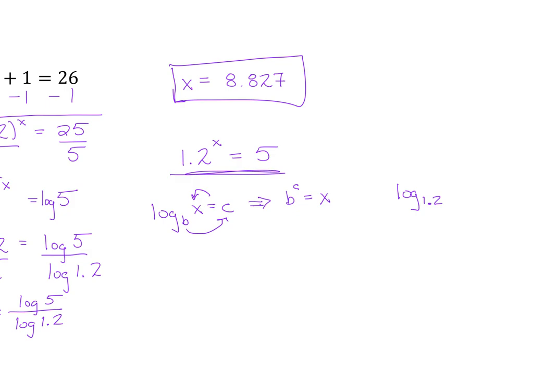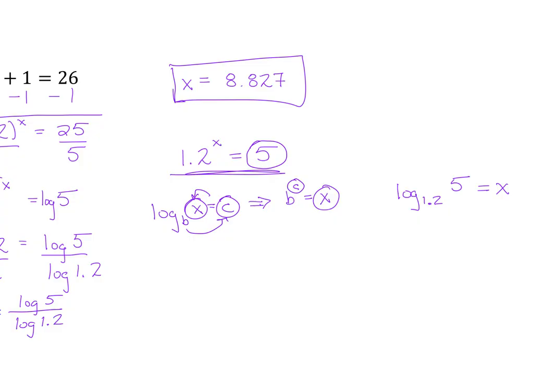We have this number on the other side, the 5, which is going to become the number inside our logarithm, and the exponent becomes what's on the other side. I don't like doing this, but this is basically what we have. And the main thing I want to point out is this is where our change of base formula comes from.